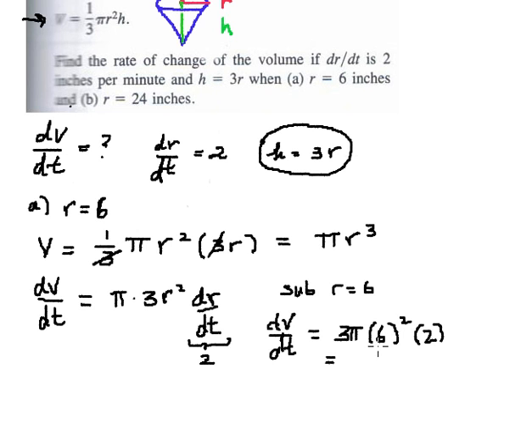So that's pi times 180 and 36, so that's 216, or 216 times pi. Alright, so that's the volume, and the volume is a three-dimensional measurement, so that would be cubic inches per minute.